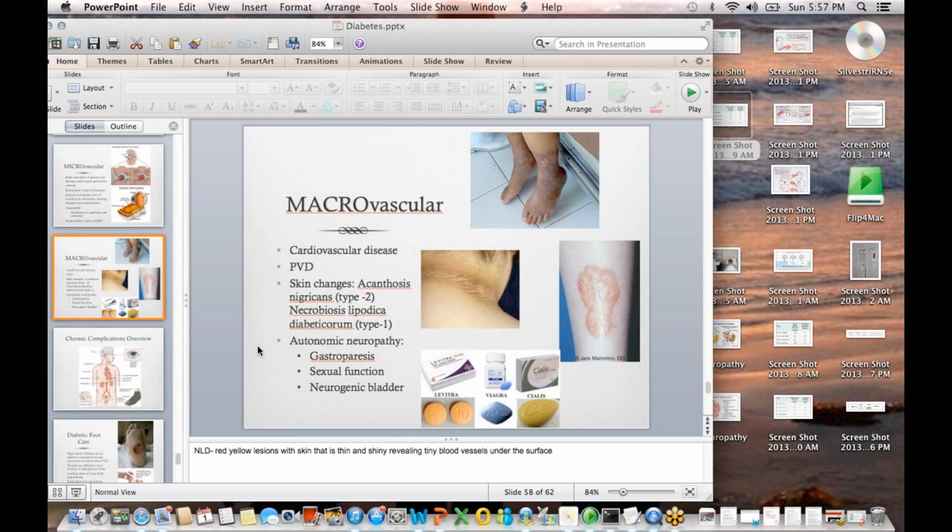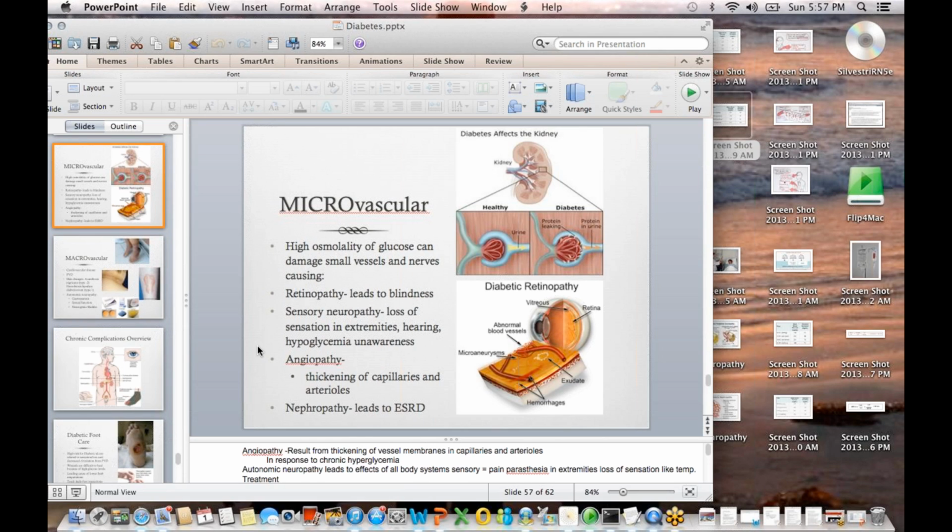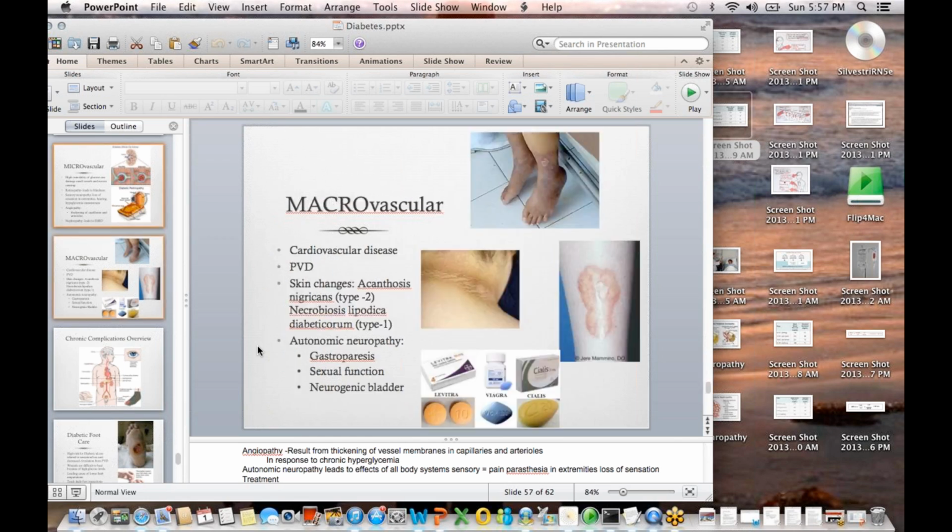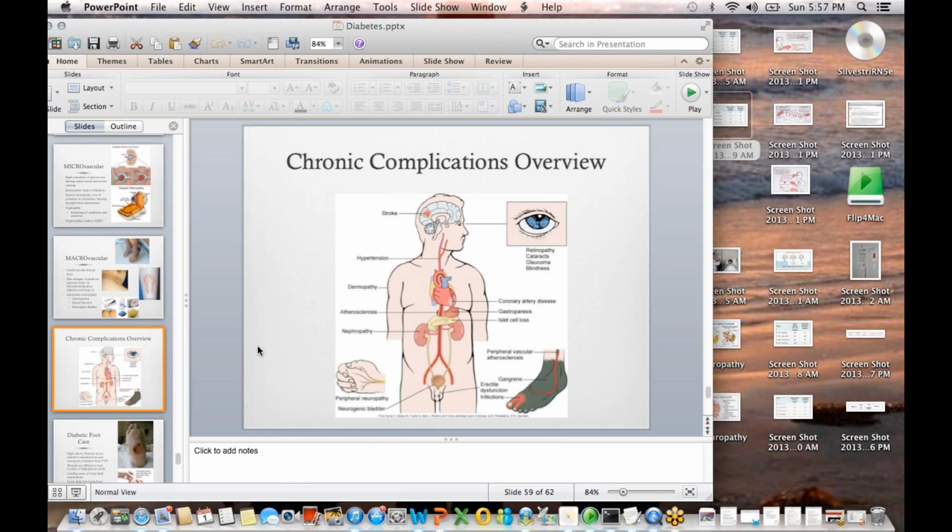They can have GI effects on the stomach, sexual dysfunction, neurogenic bladder. Again, it affects different body organs, and sometimes one of the things that they can have is decreased low blood sugar awareness because it affects the nerves. I talk about nerve damage and how it decreases the sensation.